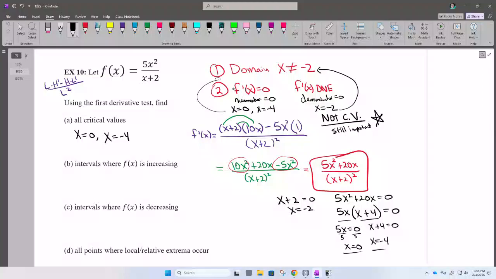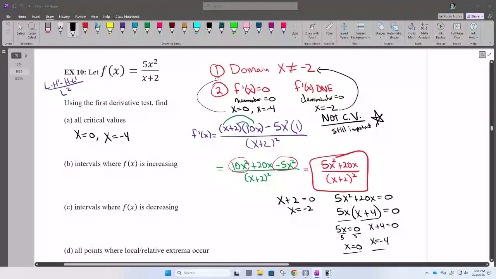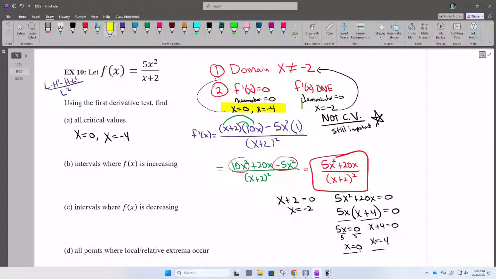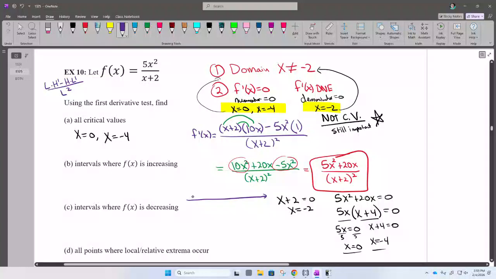So checking the two things I need to check for, I ended up finding 3 numbers. One of them is not a critical value, the other 2 are, but all 3 of them need to go on the number line. And so I'm going to draw out my number line here.